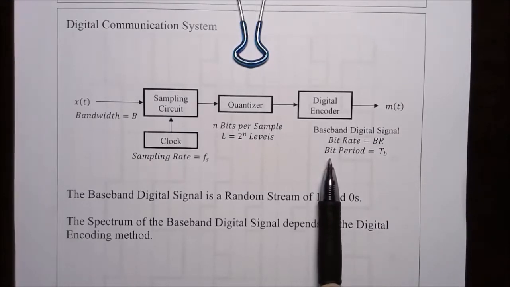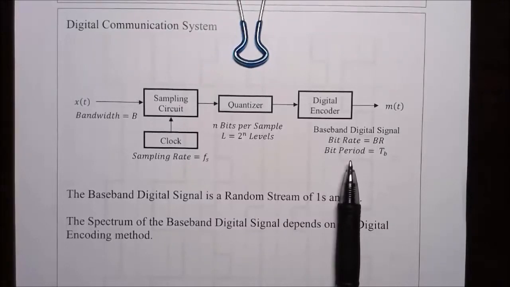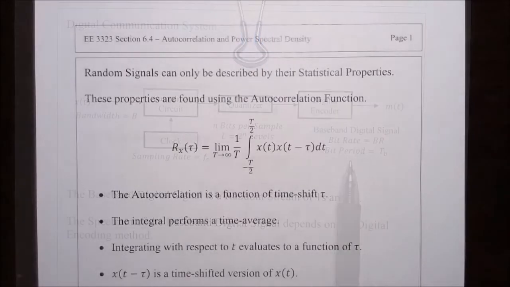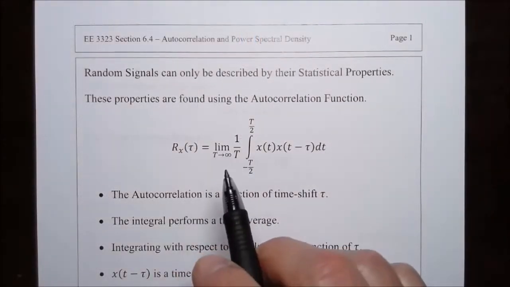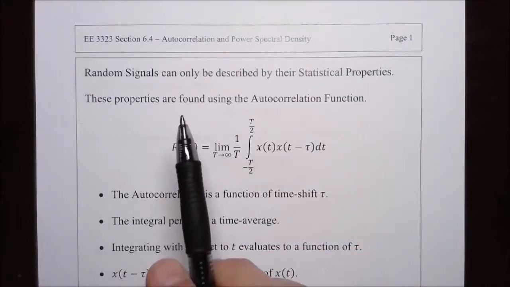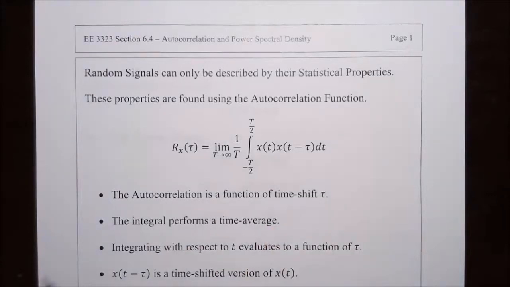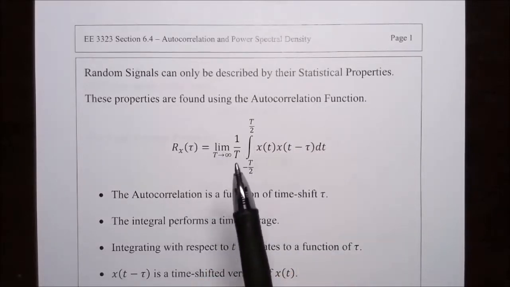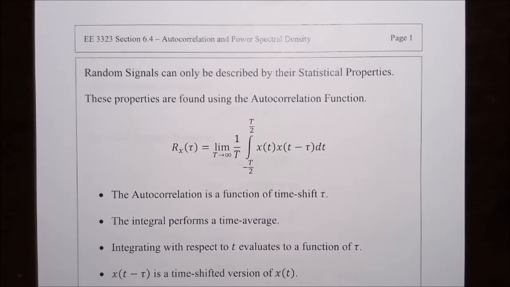And in order to do that, I've got to speak a bit about random signals and autocorrelation and power spectral density. Okay, a binary signal is a random string of ones and zeros, and since it's random, it can only be described by its statistical properties. We can't write an equation for this binary signal. We can only describe it through its statistical properties.